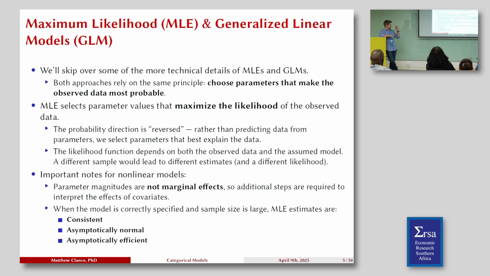So just think about this also as a different sample would lead to different estimates and a different likelihood. You run your data to say 2024, you get some outcome. As soon as you update that, say, to 2025, it's a new complete data set. It's not the same.